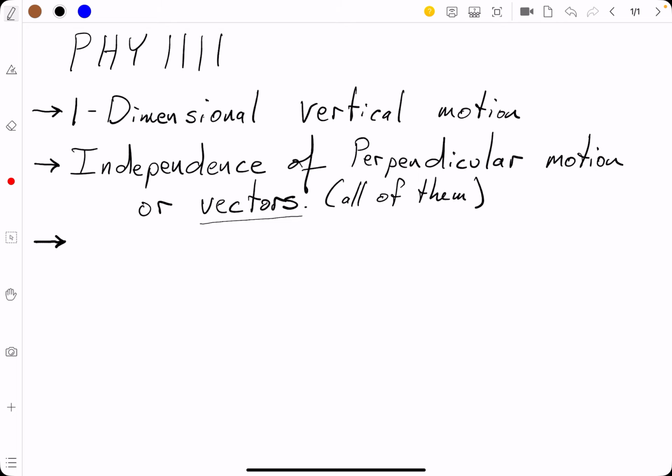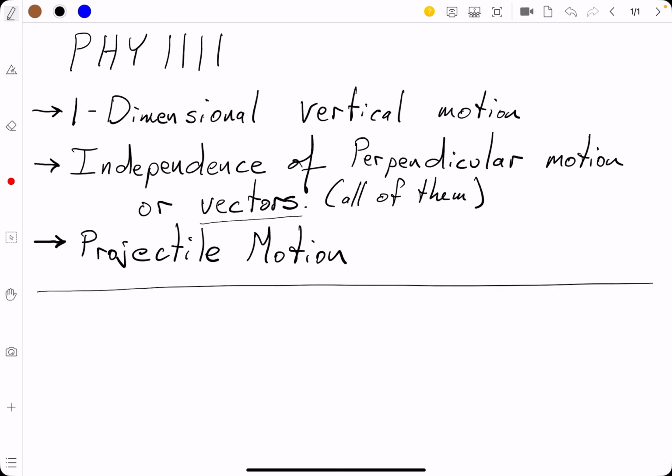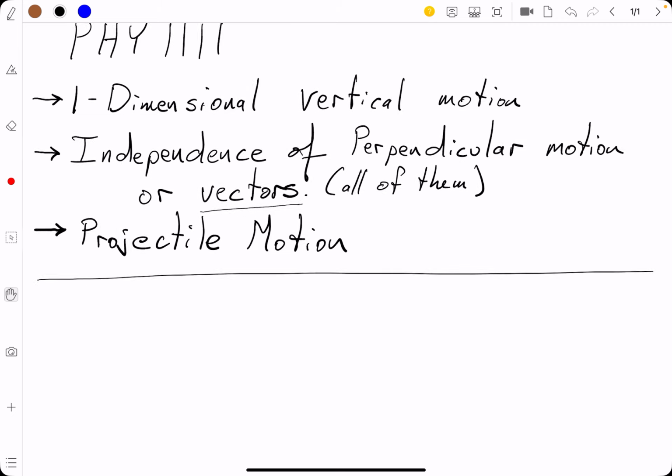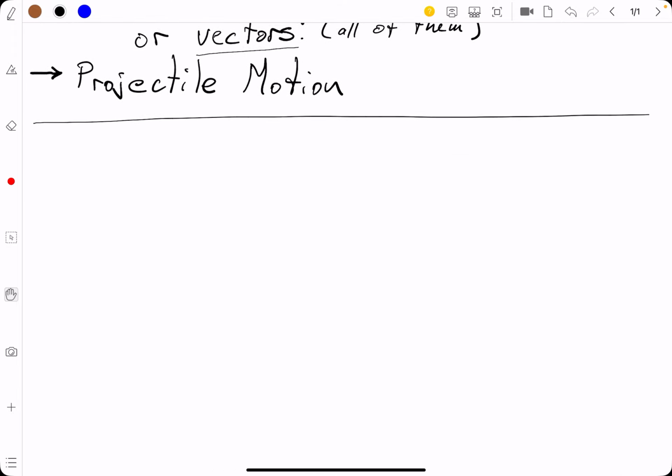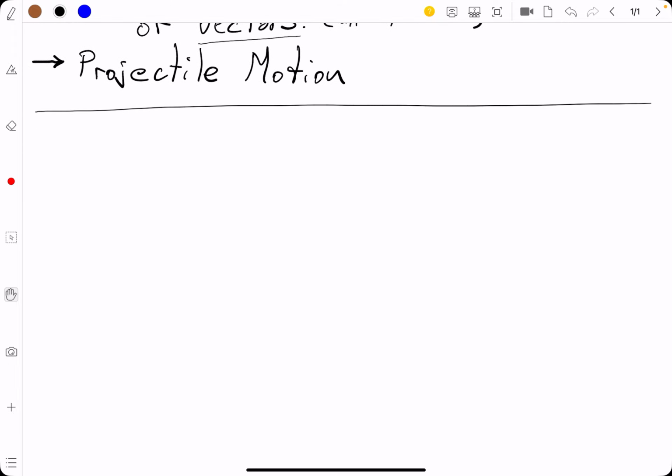So we're going to talk about that, which leads us to projectile motion. What I normally would do is have you guys go through, and we end up talking about, a group project that we normally do.